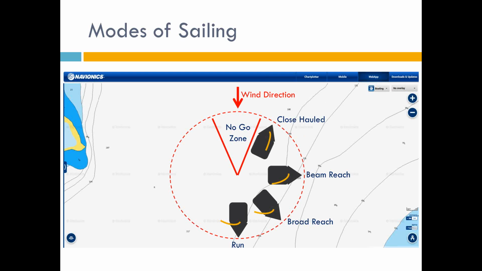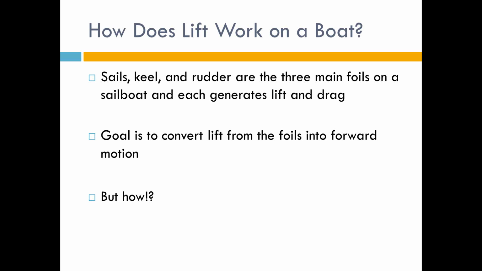Okay, so now we know push mode, pull mode, how lift is generated, but how does that make the boat go forward? So on an average sailboat, so nothing high performance or anything like that, we have our sails, our keel, and our rudder. So those are going to be the three main foils, and each of them is going to create their own lift and their own drag. And the goal is to convert the forces on all those foils into a forward motion.